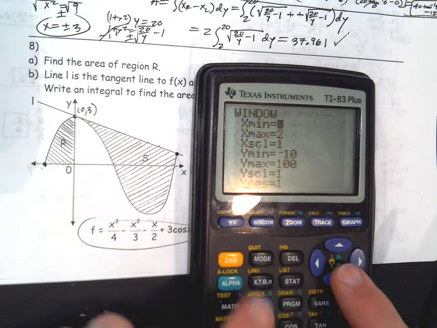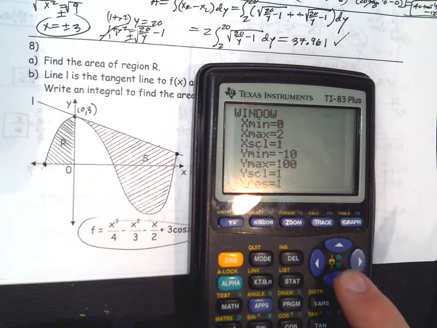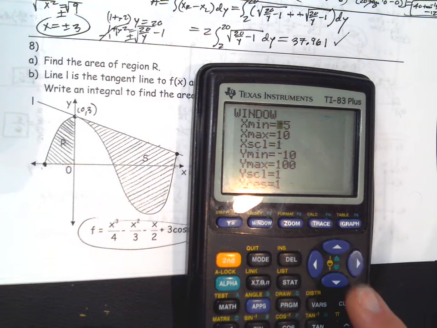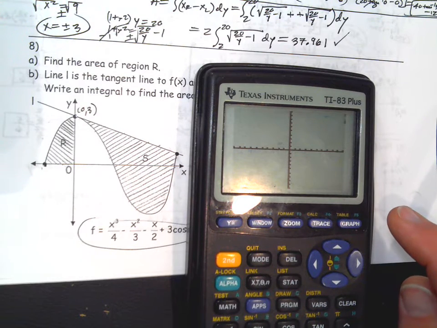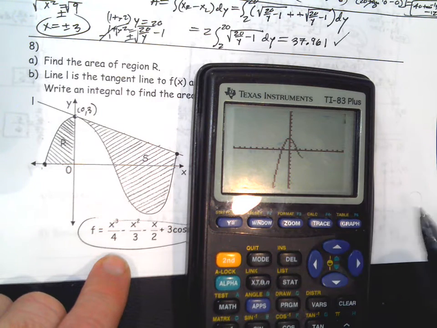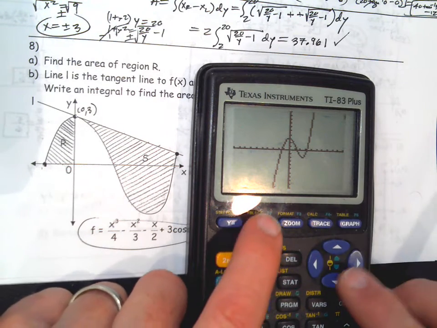I'm going to go to window. I kind of have a rough idea of what the window might be. I don't know, -5 to 10. I mean, we could do -10 to 10, -10 to 10 just to start with, zoom standard, and then adjust it. Now it should look like this graph. There we go, that does. I'm going to change the window.